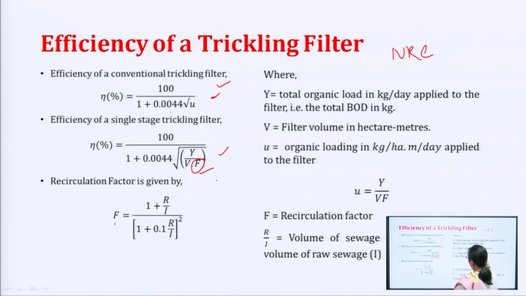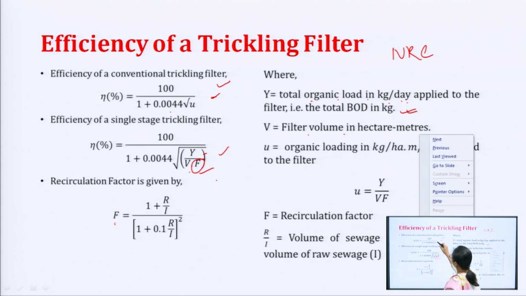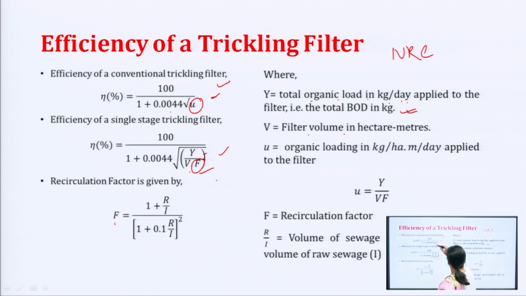What is Y here? Y is the total organic load in kg per day applied to the filter, that is the total BOD in kg. V is the filter volume in hectometers. U is the organic loading in kg per hectometer per day applied to the filter.